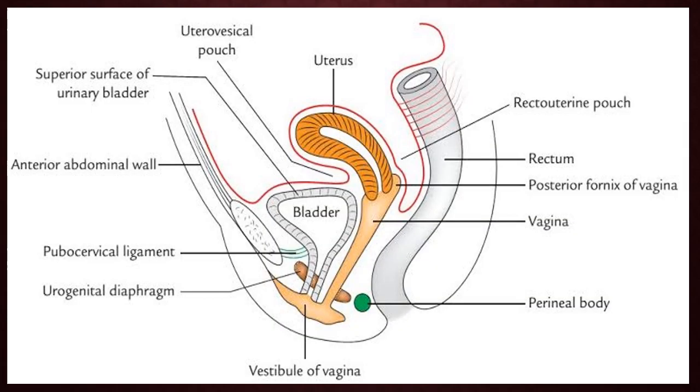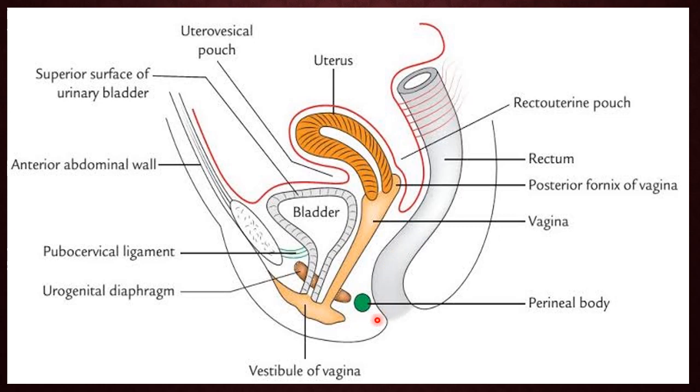The diagram is a sagittal section of the pelvic cavity. Here we can see all three organs: the urinary bladder, the uterus and vaginal cavity, and the rectum and anus.